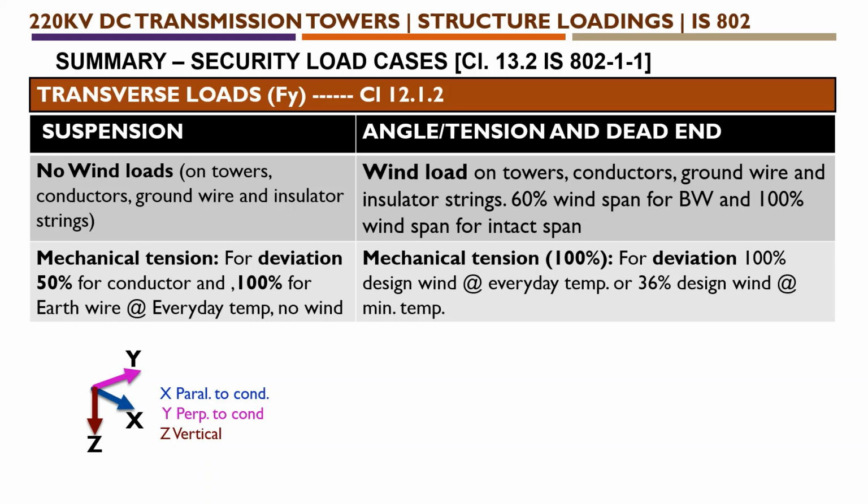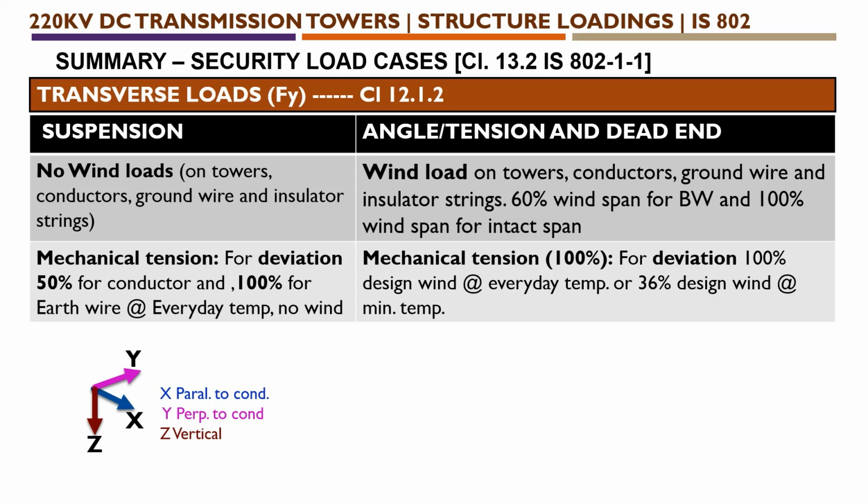wind load on towers, conductors, ground wire, insulator strings, all the wind load should be considered, but 60% of the wind span for a broken wire and 100% of wind span for other intact spans to be considered.